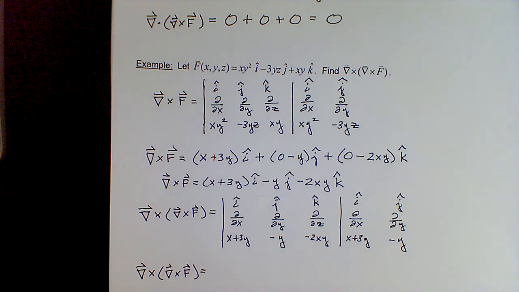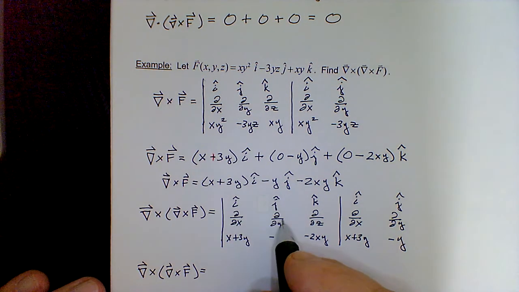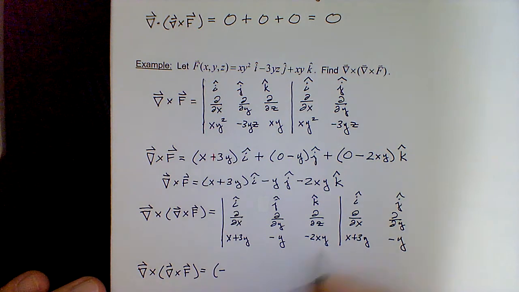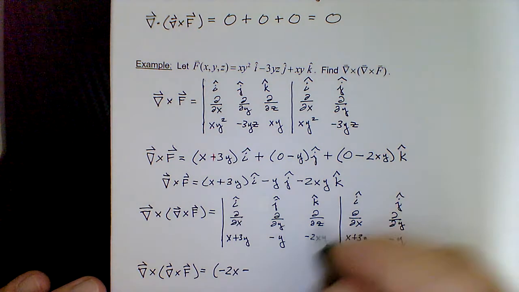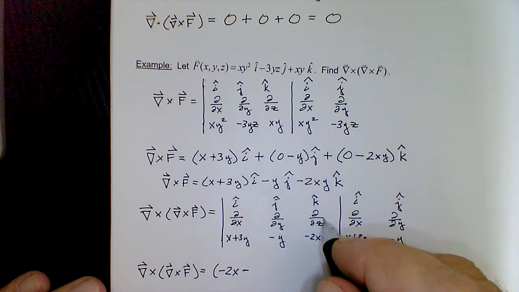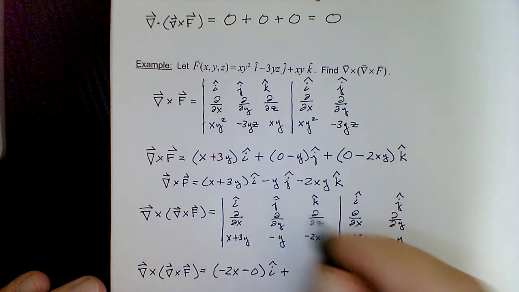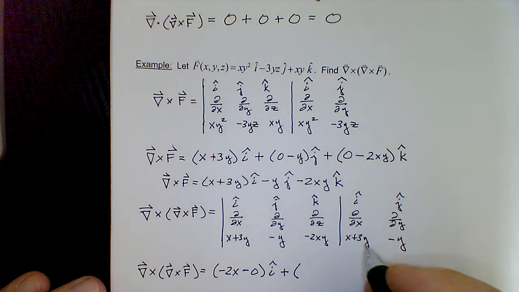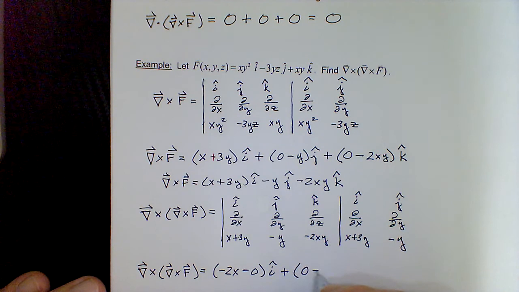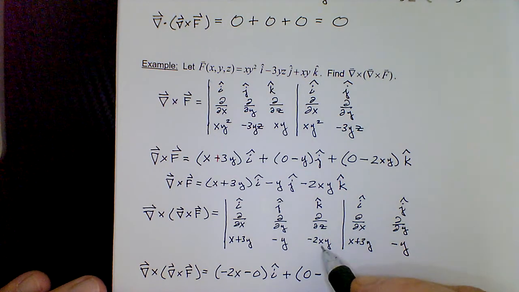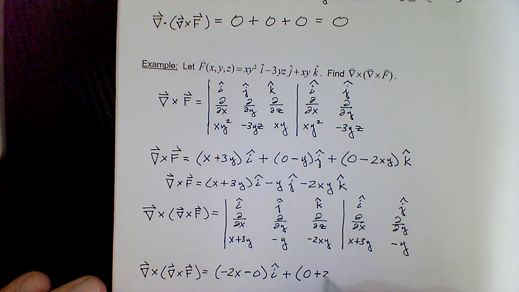Okay, so for the positive i diagonal, partial with respect to y of negative 2xy, where y is 1, so just negative 2x, then minus, okay, here's the negative i diagonal, partial with respect to z of negative y. y is a constant, so that's 0, so that times i, and then plus, okay, for the positive j column, we have partial with respect to z of x plus 3y, but x and y are both constants, so with respect to z, that's a 0, and then minus, for the negative j's, partial with respect to x of negative 2xy, so y is a constant, so negative 2y, so let's make this plus 2y, minus a minus, of course.